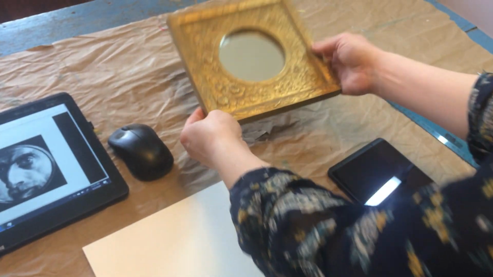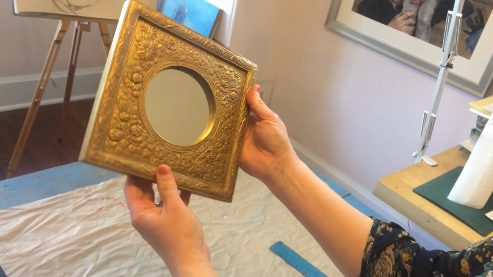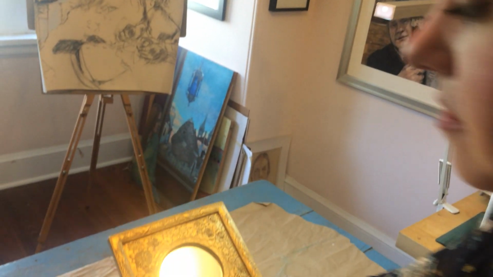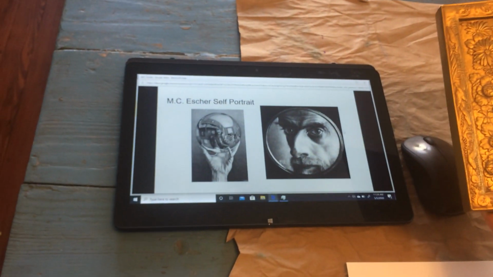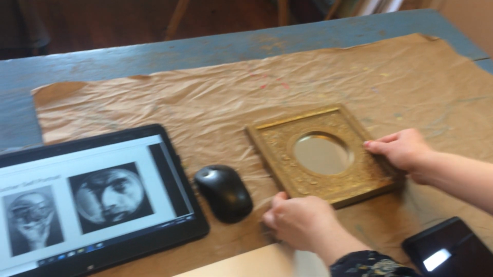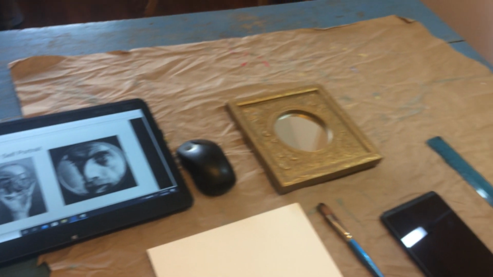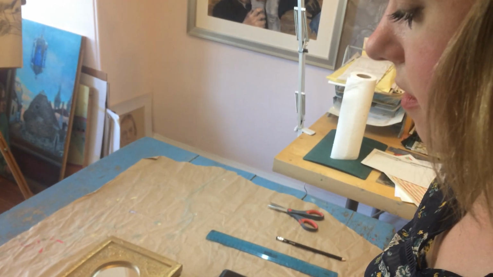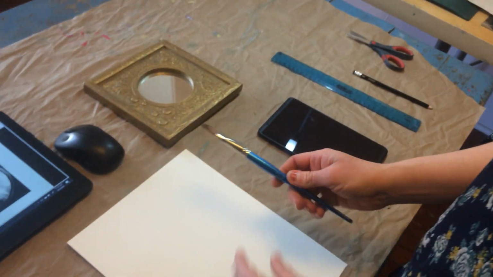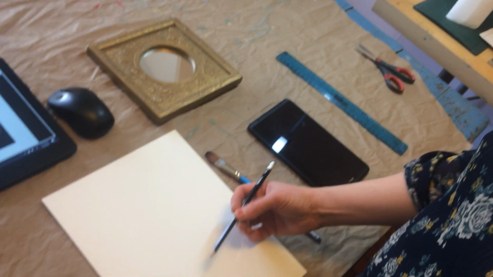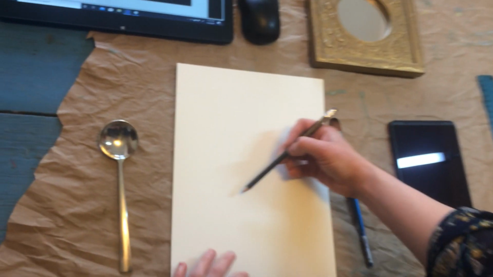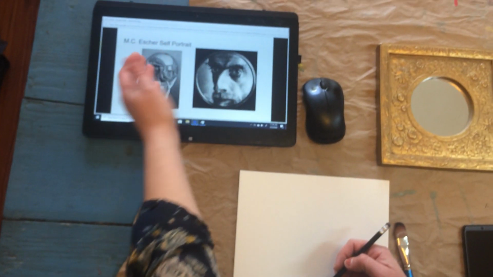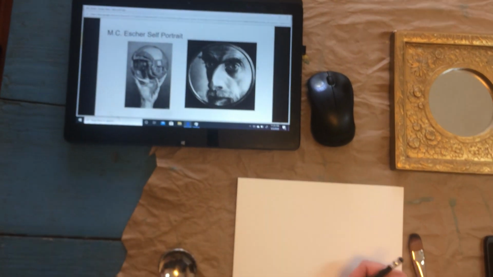I have this mirror that I got as a wedding present, and so I could even do something a little bit like this with this mirror. So think about things you have around the house that are reflective that would be interesting to create a mirror distortion with.